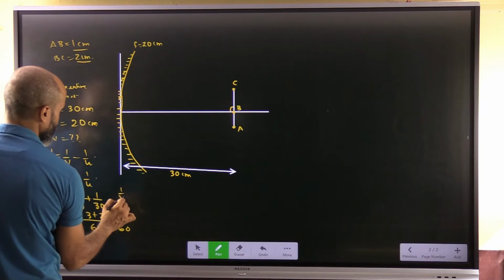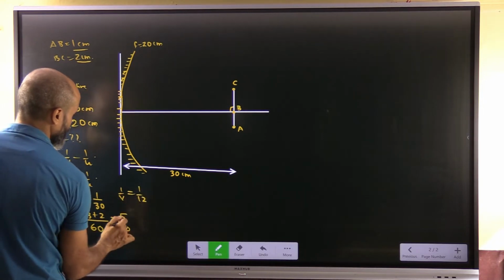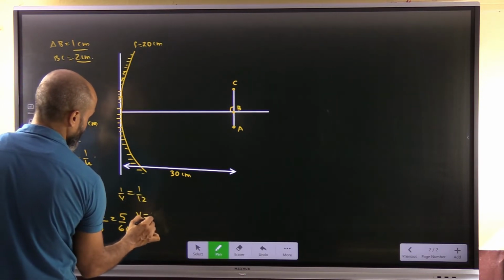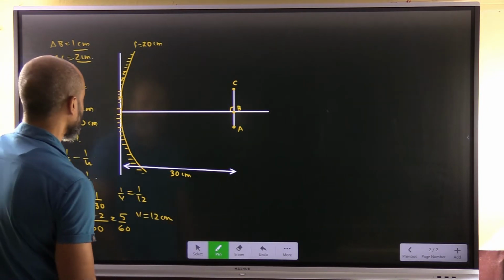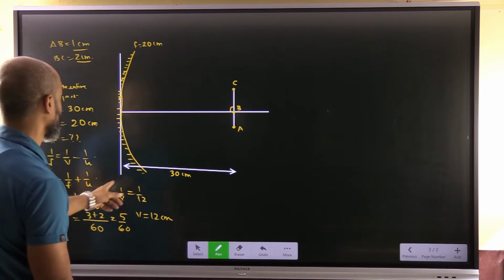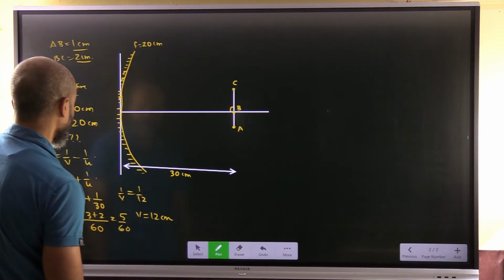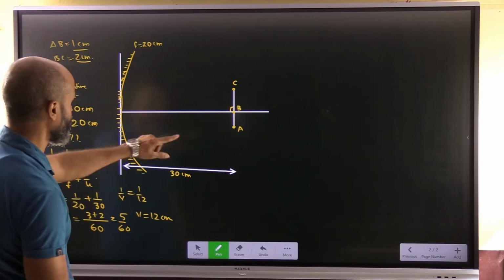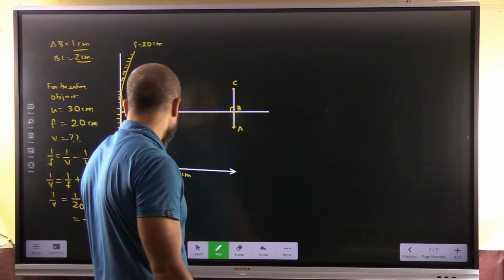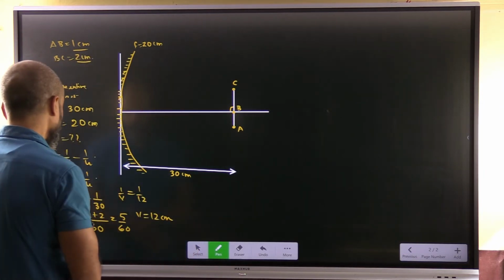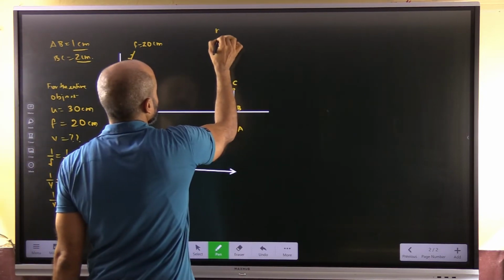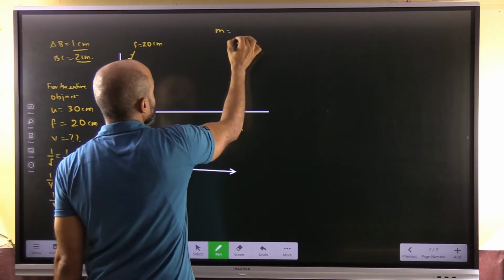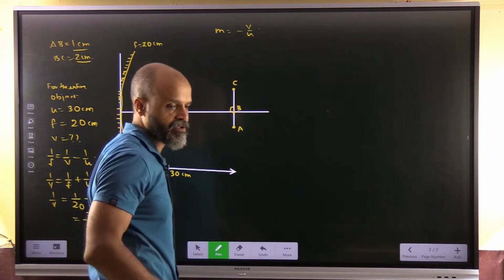So 1 by v is equal to 1 by 12. So v has a value of 12 centimeter, right? Are we on the right track? So v will be formed here as well. Now. So magnification, if we look into it, this is minus v by u. Just one moment here.